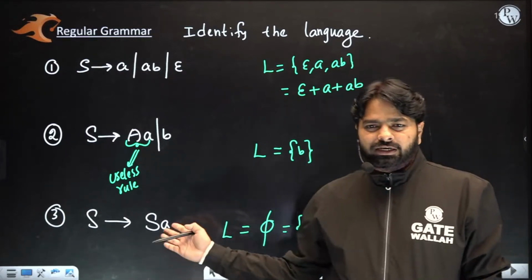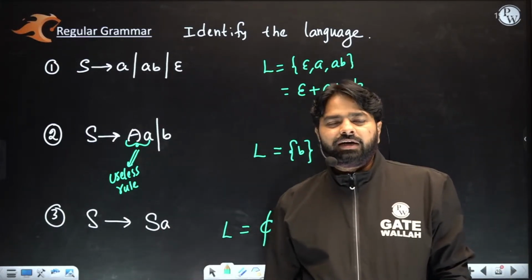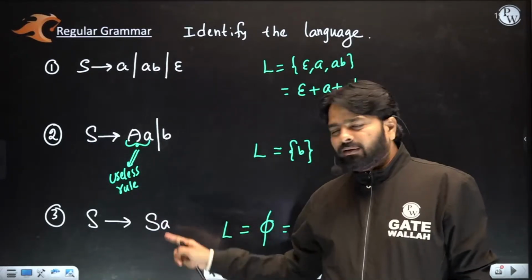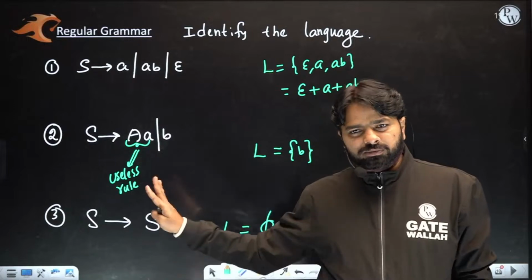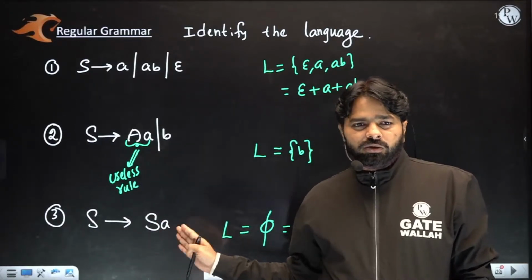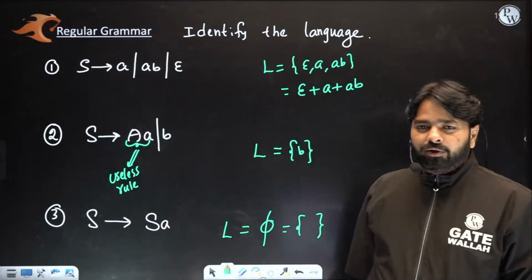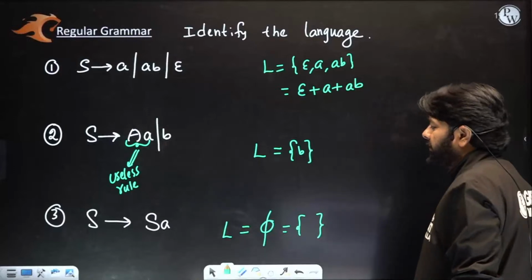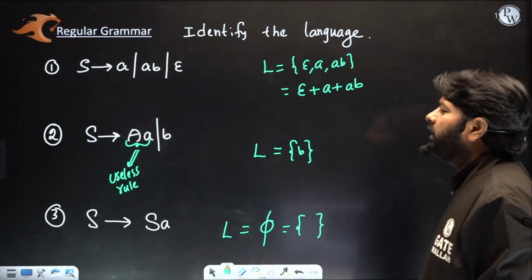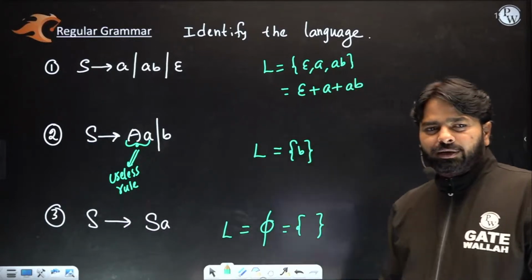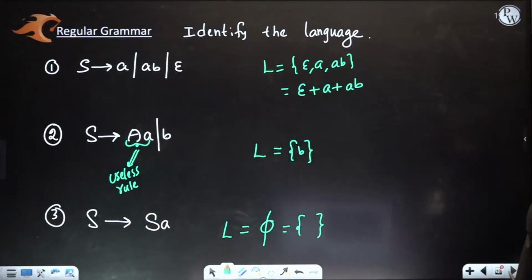Can you show me how it generates one string? Can you stop the S? Can you substitute S with epsilon or S with somebody else? No, right? So please don't make such mistakes. You might be looking at only one side, but look at the whole grammar. Fine. So very, very important. Very easy grammars, but you should understand how to look at the grammar.